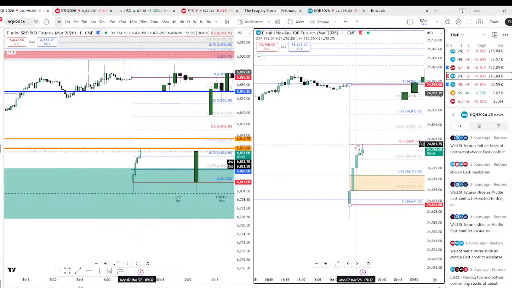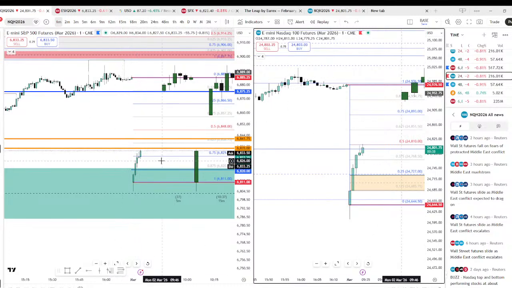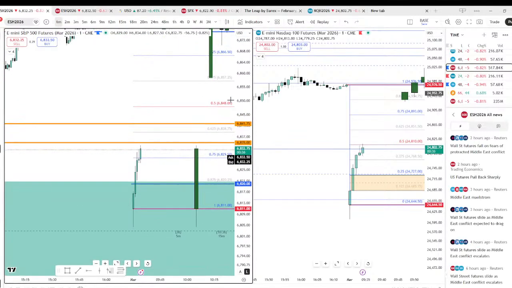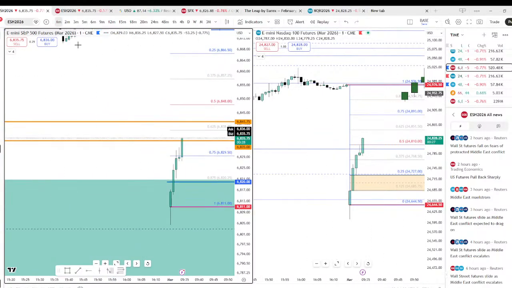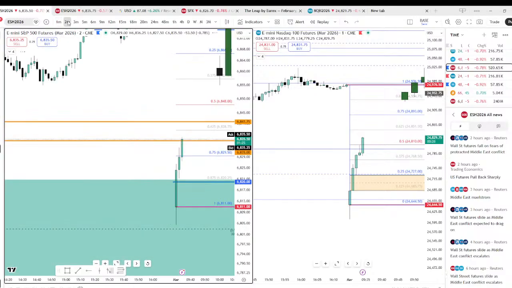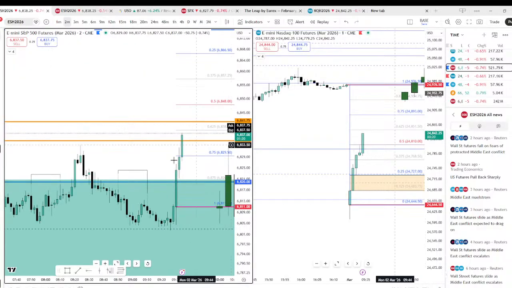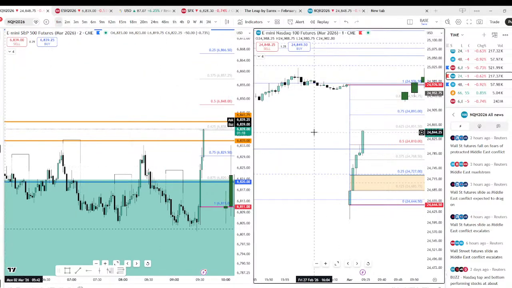Okay, so 50% was hit in NQ. We are just barely below. We should hit that. Yep, there's the halted trading hours. So the first level expectations were reached for me.